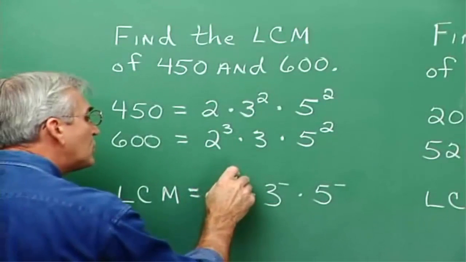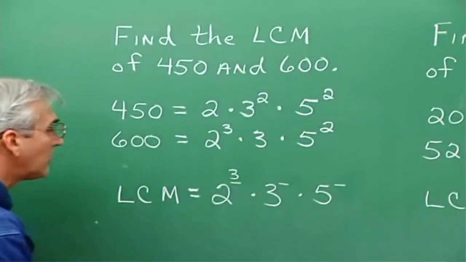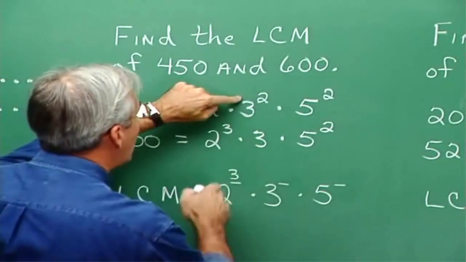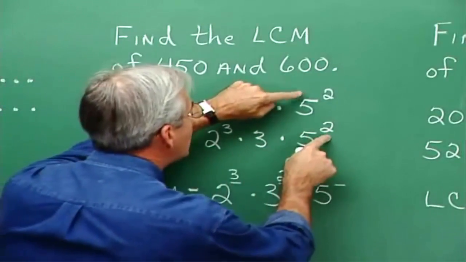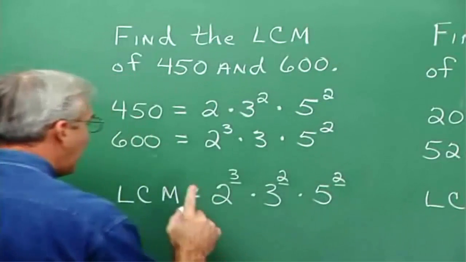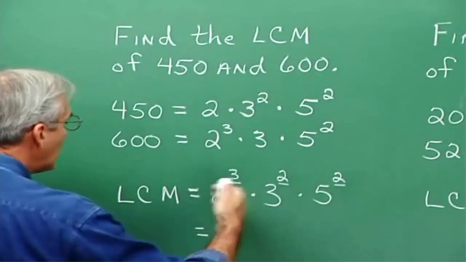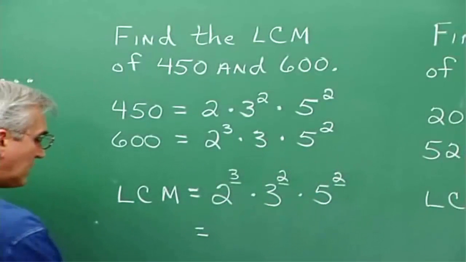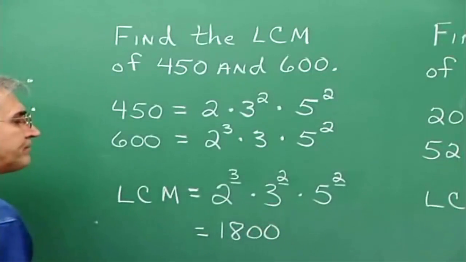We choose 2 to occur as a factor 3 times in the least common multiple. 3 appears once here, twice here, in the least common multiple, twice. 5 appears twice here, in the least common multiple, twice. So we have 2 cubed times 3 squared times 5 squared. We need to multiply this out, and when we do, we find the least common multiple to be 1800.